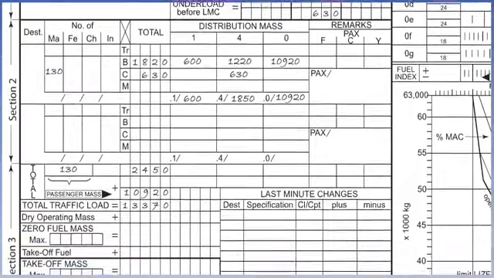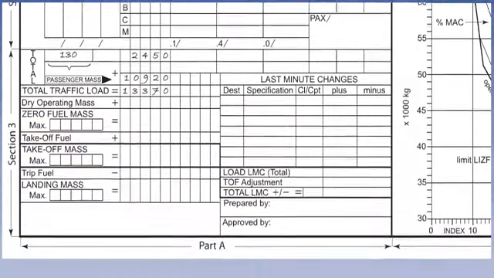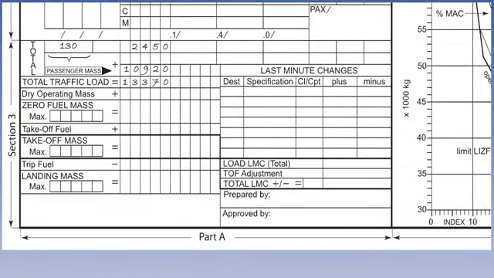We can now complete the final part of the load in section 3, in which the actual zero fuel mass, takeoff mass and landing mass is calculated. To check against the possibility of exceeding the limiting mass of zero fuel, 51,300 kilograms, takeoff 62,800 kilograms, and landing 54,900 kilograms, the limitations are entered in the appropriate boxes.